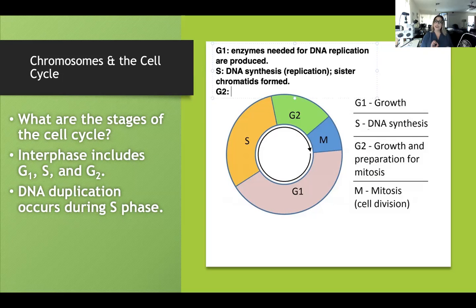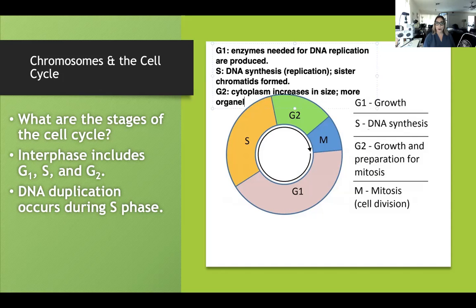And then we have G2. G2 says growth and preparation for mitosis. What growth means is that the cytoplasm is increased. Cytoplasm increases in size.